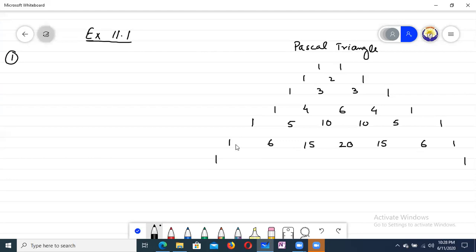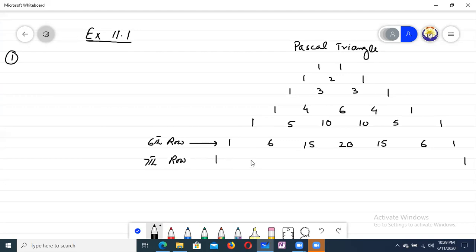Then the 7th row. This is the 6th row: 1, 2, 3, 4, 5, 6. Now the 7th row, as the question is talking about these two rows, 6th row and 7th row.